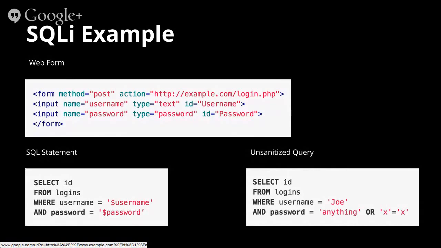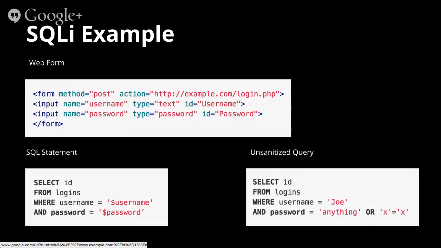True, right? We're seeing if x equals x, which is always going to be true. Anything is probably going to be false. It's probably not going to be in the database, right? But what's false or true? True. So this is actually going to evaluate true.